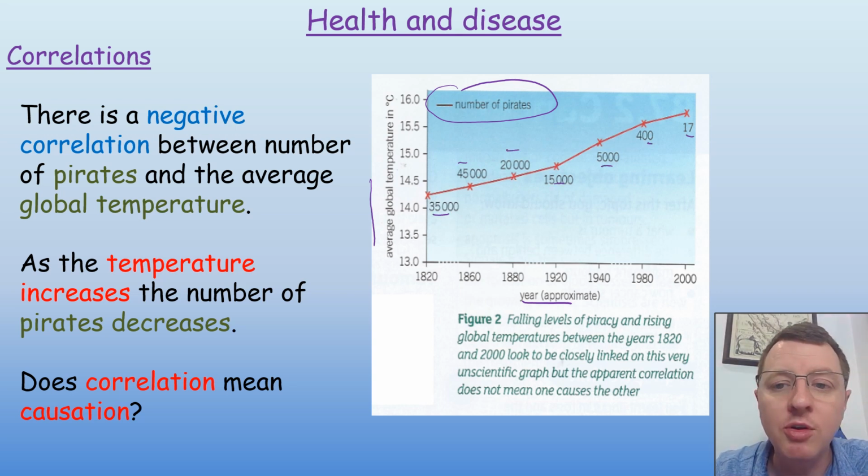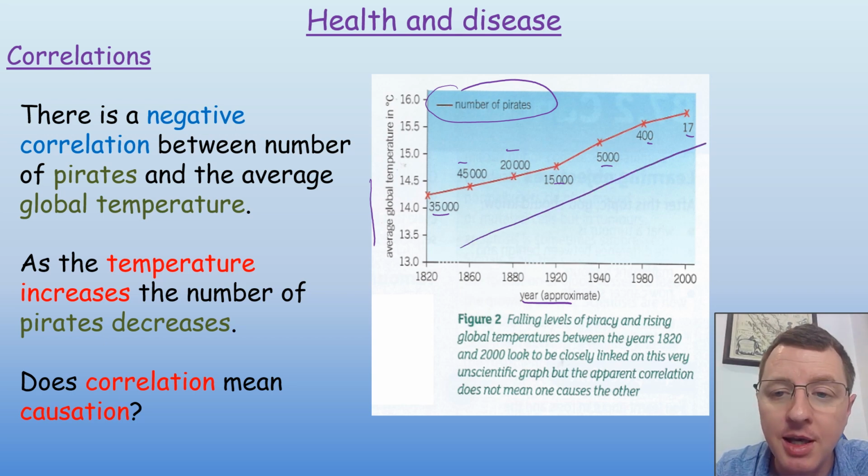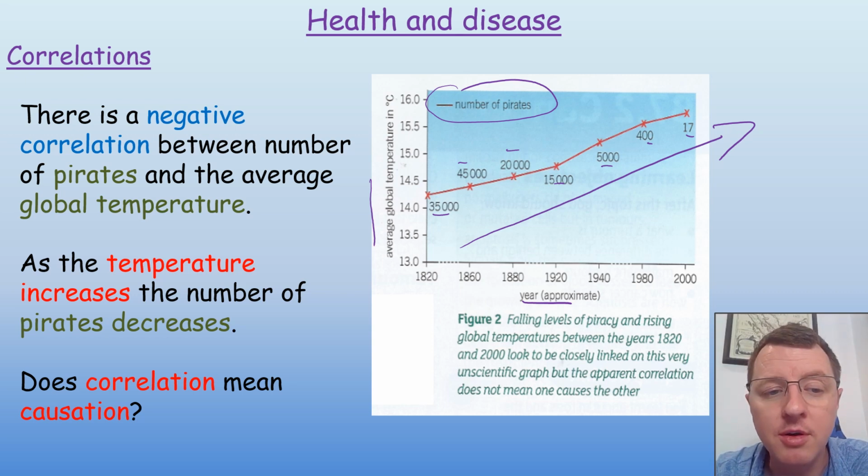So it's clear to see that there is a negative correlation between the number of pirates and the average global temperature. As the average global temperature has increased year by year, the number of pirates has gone from 35,000 down to 17 and therefore has decreased.